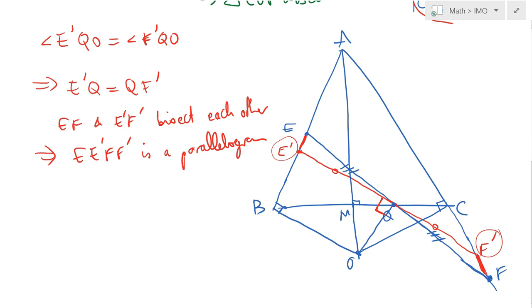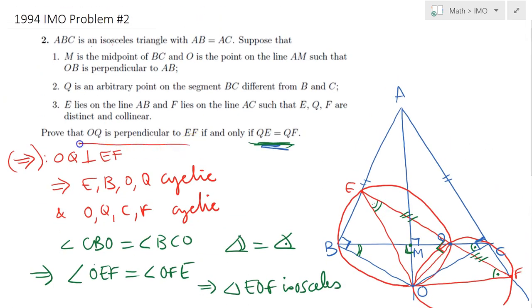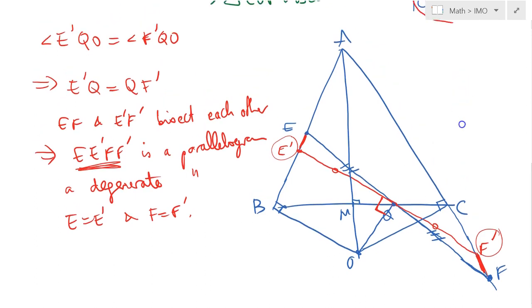But those two lines AB and AC are not parallel to each other. So the only way that EE prime FF prime can be a parallelogram is if it's a degenerate parallelogram. Therefore E is in fact equal to E prime, and F is equal to F prime, and that solves the problem. Again, that implies that OQ is in fact perpendicular to EF as a result.